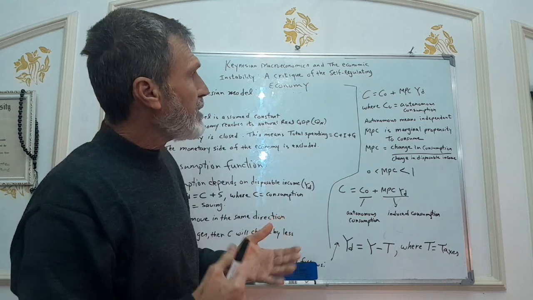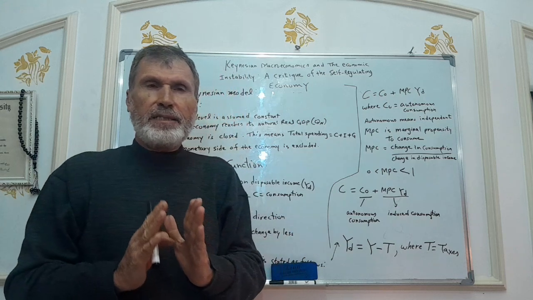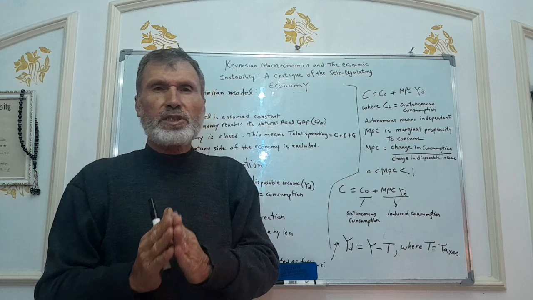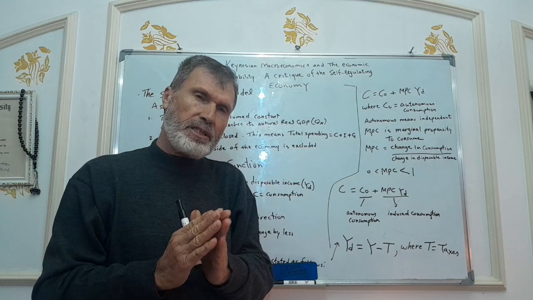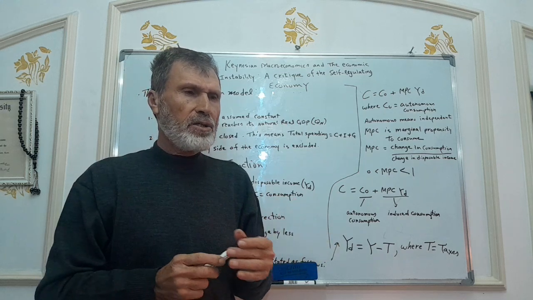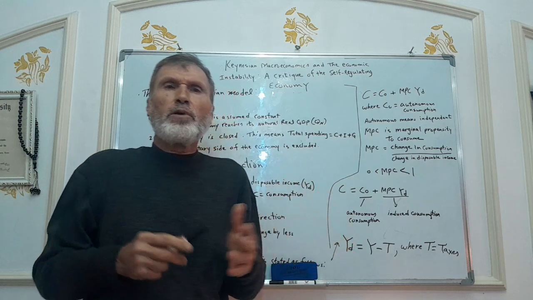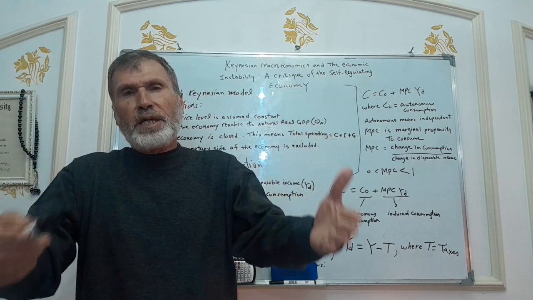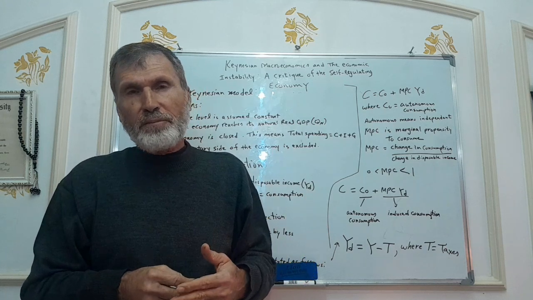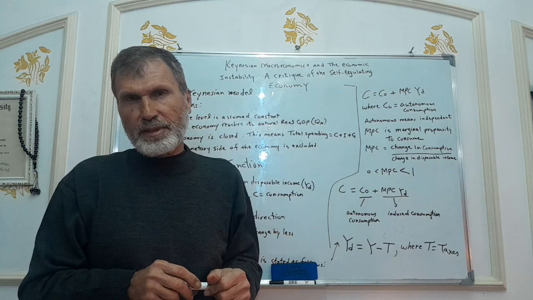Now, what about autonomous consumption? As I said, autonomous means independent, so autonomous consumption means independent consumption that does not depend on disposable income. For instance, sometimes you might consume more medication because you have become ill, even though your income did not change. So this is autonomous consumption.